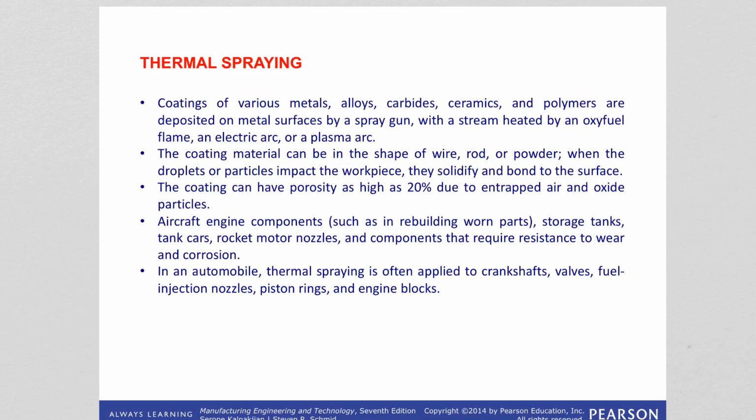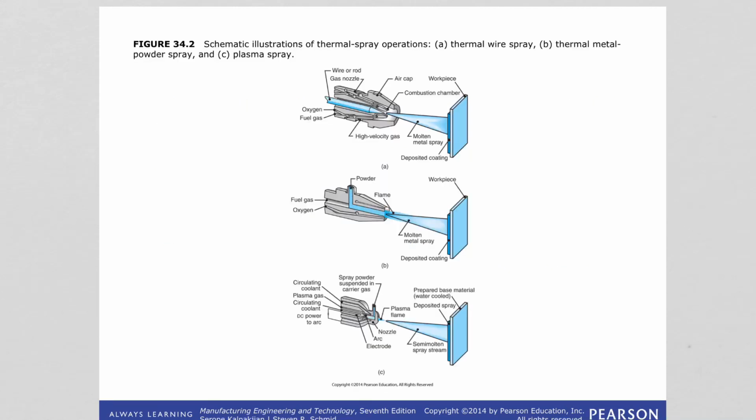And thermal spraying is also used for just painting the surfaces, so for aesthetic purposes it can also be used. So in this figure we are seeing illustrations of thermal spray operations.